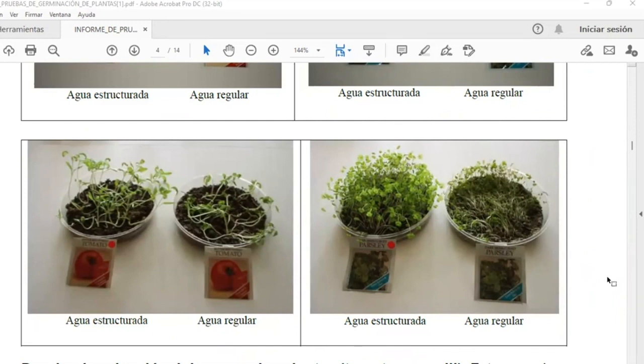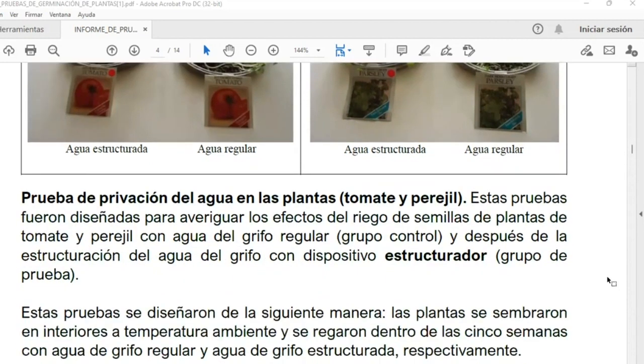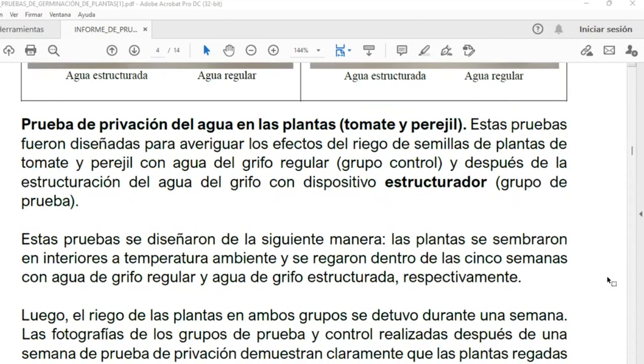In the other one, there were about 2 to 3 millimeters, and here we already have between 5 and 7 millimeters of sprouts. We can see the big difference. Let's continue. Here we have wheat, and the same wheat. We can see the difference between one jar and the other jar.